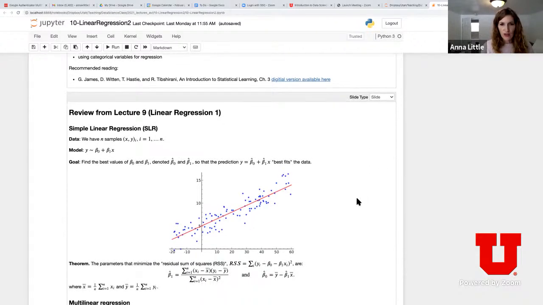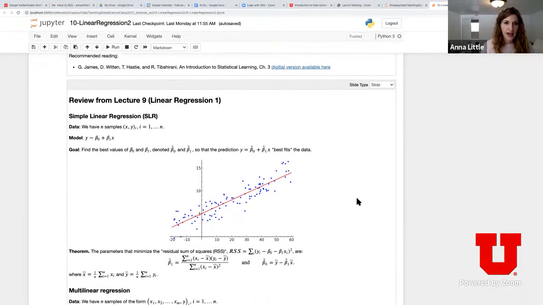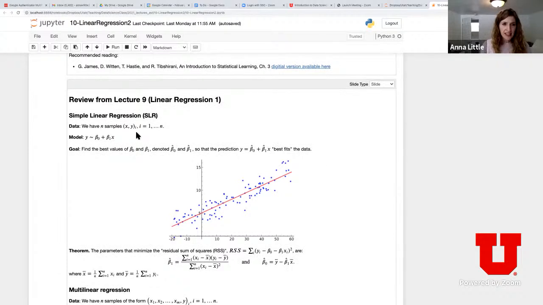And let's just start with a quick recap from our last lecture where we introduced simple linear regression. So the idea here, we have in-sample points, X and Y. We think of X as the explanatory variable or the predictor variable or the independent variable, lots of different names for it.